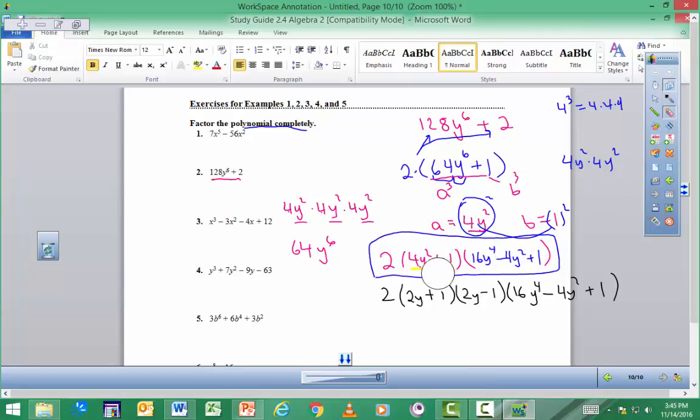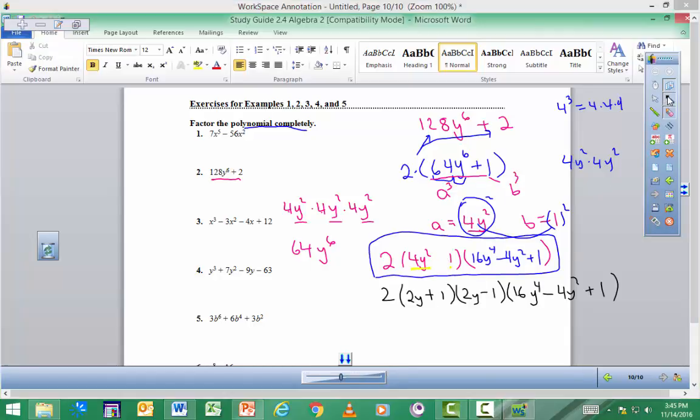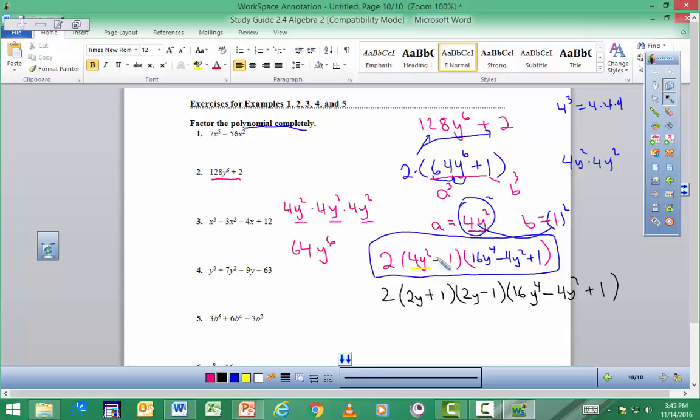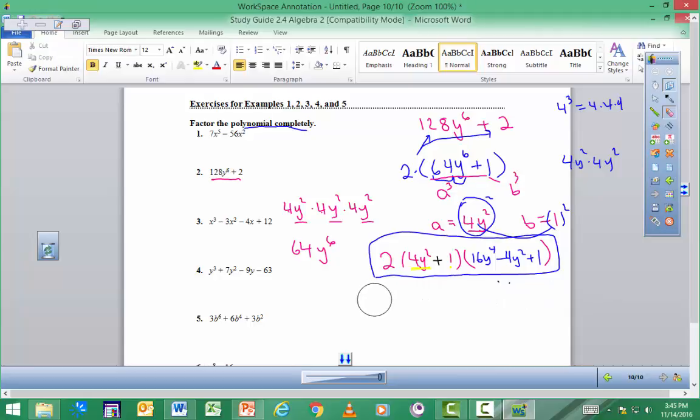So the sum of 2 squares doesn't factor. And so we had it correct the way we had it originally. So in any event, be careful. Be constantly looking at each of your factors to see if they factor.